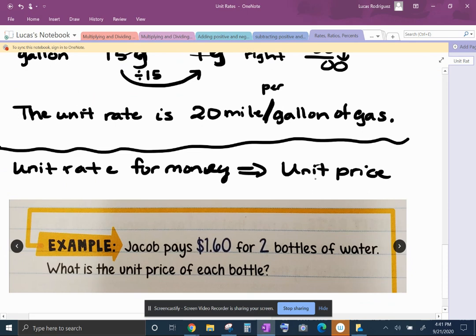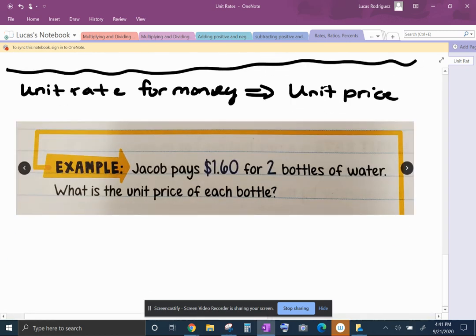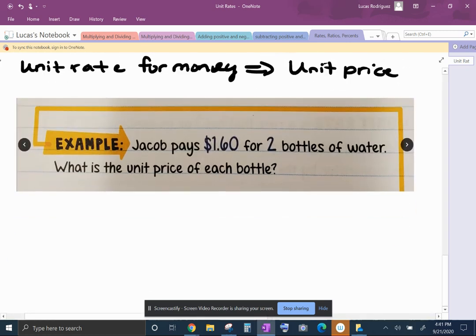When I use unit rate in my daily life, I'm usually looking for the best cost between different types of products or different brands of products. But we're going to go into that more tomorrow. Today, I'm just going to work on finding the unit price. The example says Jacob pays $1.60 for 2 bottles.